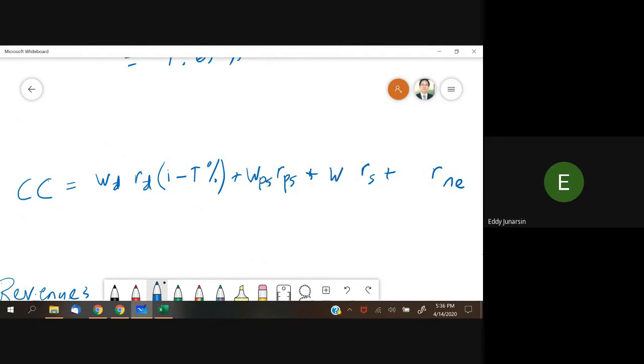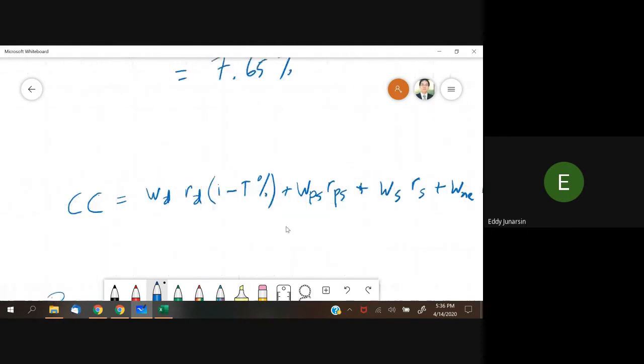How much is the proportion of equity, and how much is the proportion of new equity, if any? Because we multiply each by its weight before adding them together, the name is weighted average, right? That's why we call it what? Weighted average cost of capital.